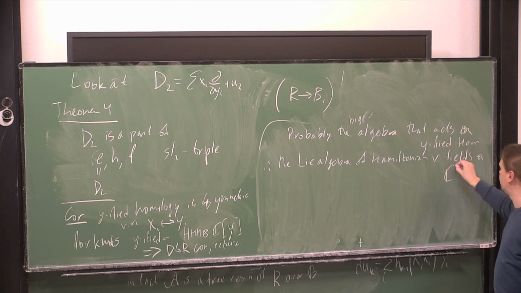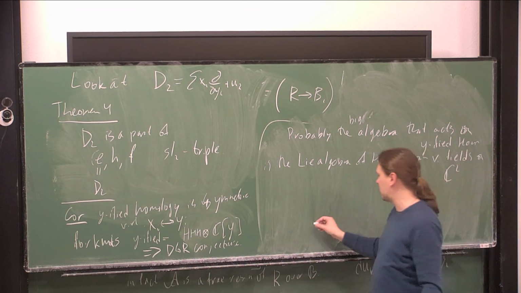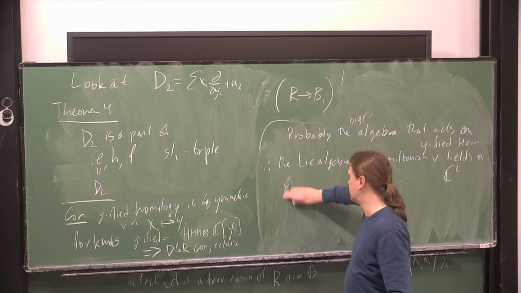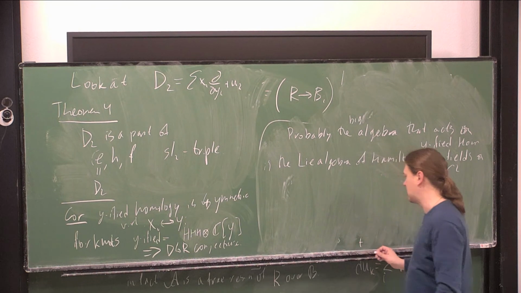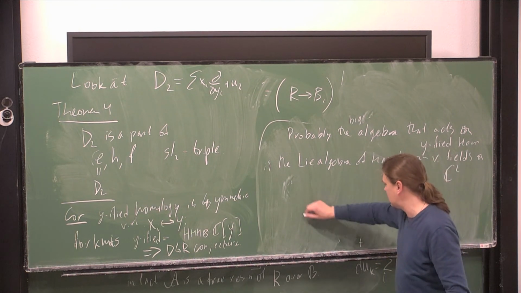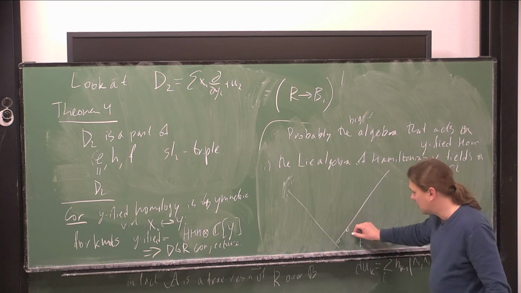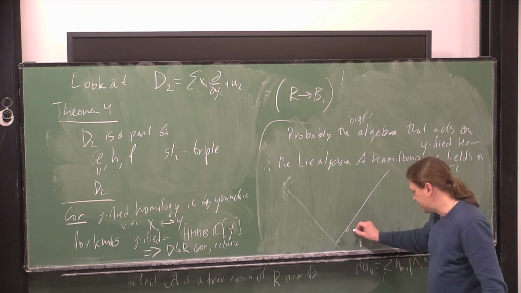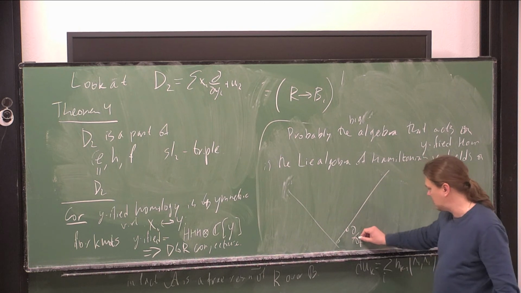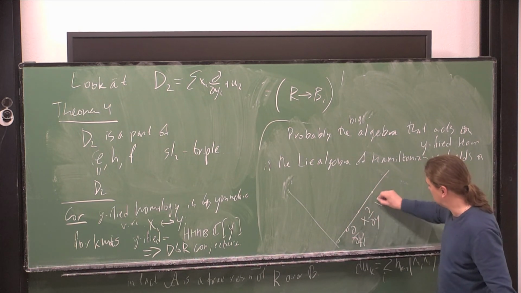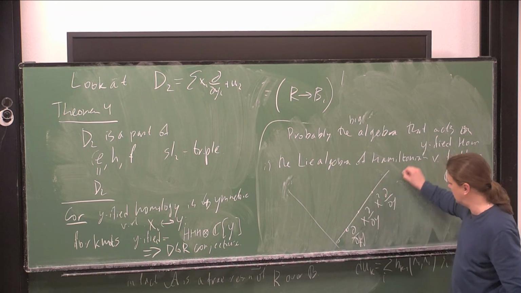On C2, and explicitly it's given by operators of the form x to the... no, I will say it right. So this algebra has generators here, d over dy, x d over dy, y d over dy, and so on.